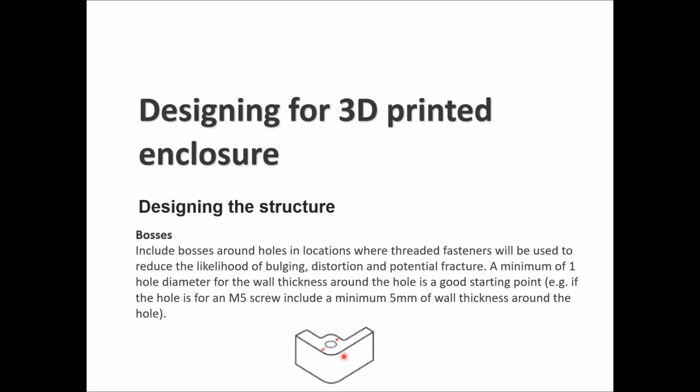A minimum of 1 hole diameter for the wall thickness around the hole is a good starting point. If the hole is for an M5 screw, you need to include 5 millimeters of wall thickness around the hole.